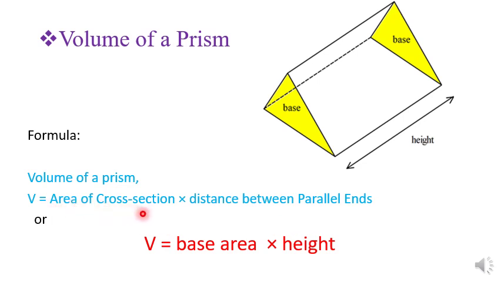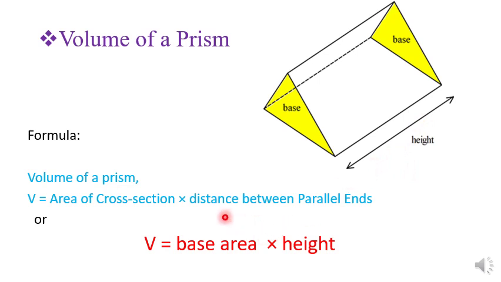The area of cross section and the area of parallel plane are the same. So the area of cross section means the yellow part right here, and the distance between two parallel ends means the height of the prism. One more time, class. Area of cross section is the area of the base, and the distance between parallel ends is the height of the prism.